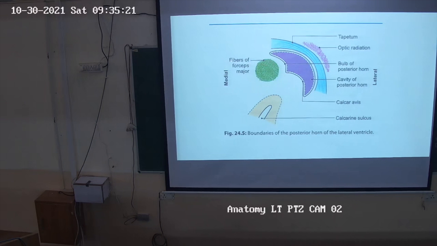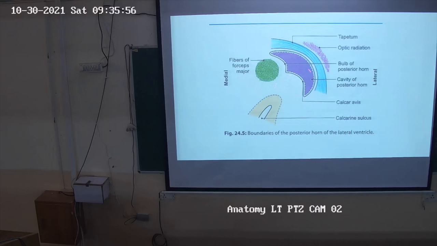The forceps major fibers form a swelling on the medial surface, and this swelling is called the bulb of the posterior horn. Posteriorly, what is this? This is the calcarine sulcus. The calcarine sulcus also projects white fibers close to the medial surface of the posterior horn, and this projection of white fibers is named the calcar avis.